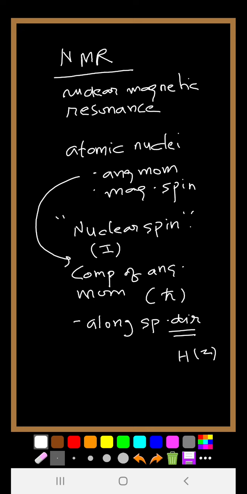So if we apply a magnetic field Hz, the angular momentum of the atomic nuclei has a component along that direction in units of h cross, and that is the nuclear spin.